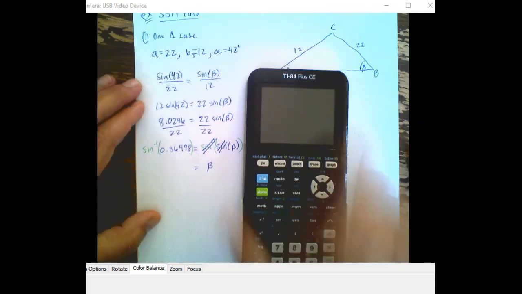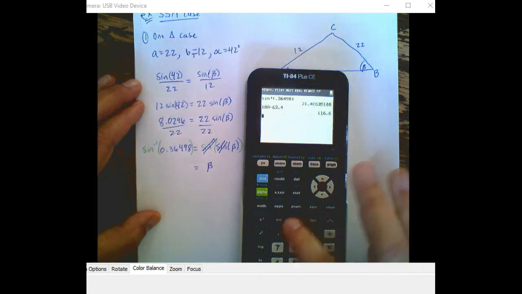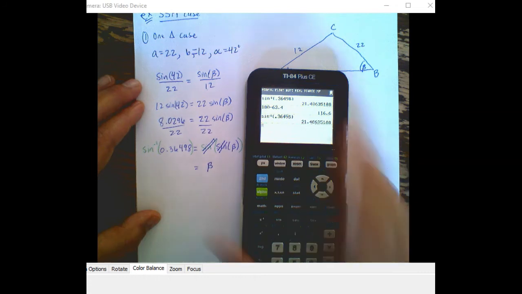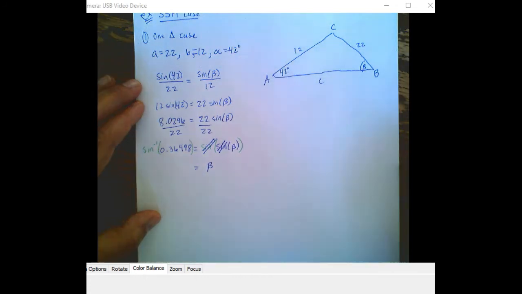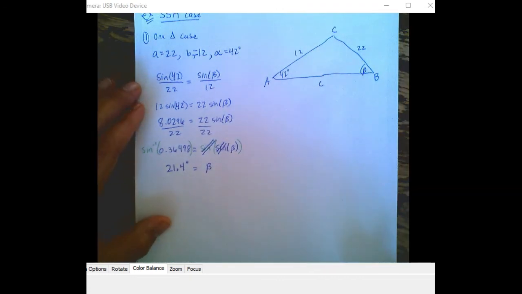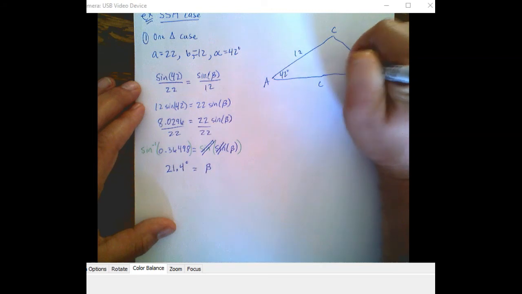Now we calculate the sine inverse of 0.36498. That gives us 21.4, to one decimal place. So 21.4 degrees is beta.